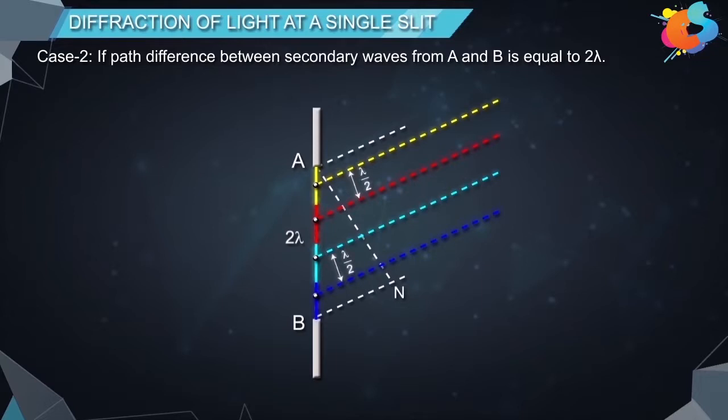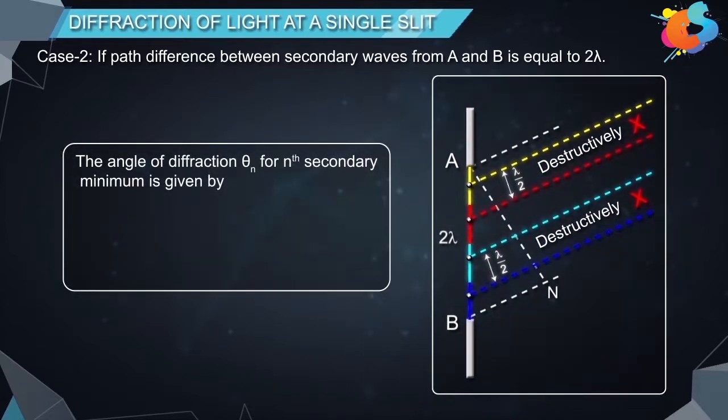Hence, all these waves will interfere destructively. In general, the angle of diffraction theta n for nth secondary minimum is given by a sin theta n is equal to n lambda, where n is equal to 1, 2, 3, 4 and so on.